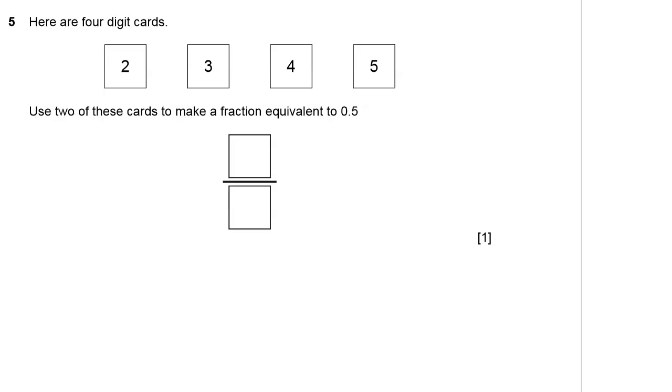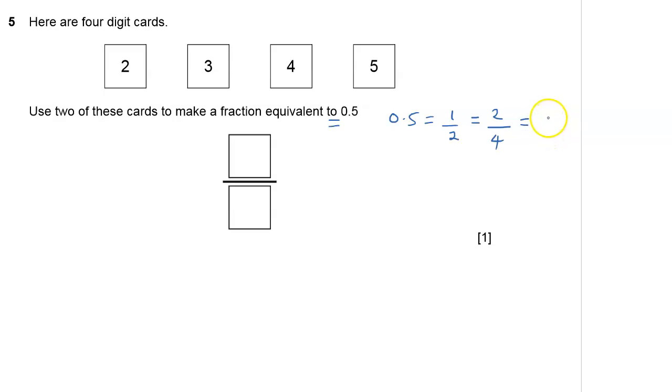Number 5. Here are 4 digit cards. Use these cards to make fractions equivalent to 0.5. 0.5 is the same as half, and half, if you multiply the numerator and the denominator by the same factor, 1 times 2 gives us 2. 2 times 2 gives us 4.